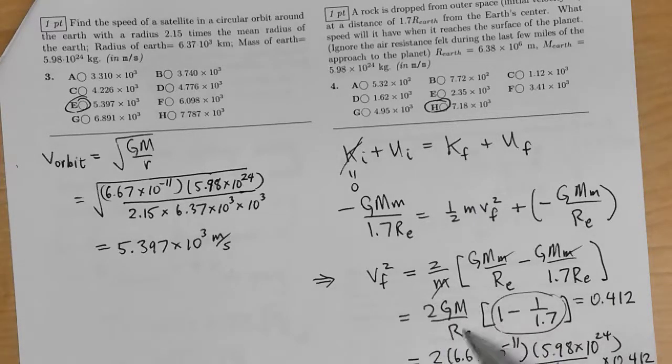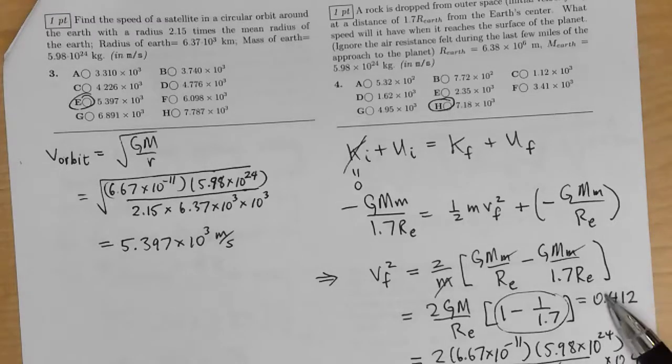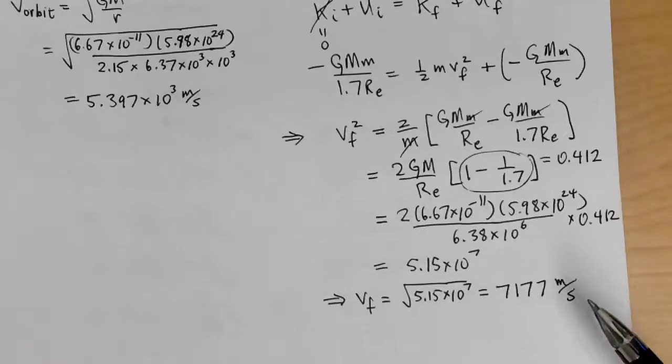So I can pull out some factors to make it so I don't have to punch in so much stuff into my calculator, and then I have 1 minus 1 over 1.7. You see I'm just factoring out a factor G M over Re here. This ends up being equal to, this inside the brackets is 0.412.